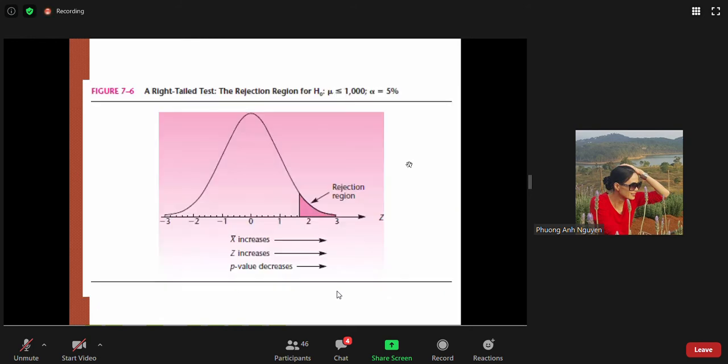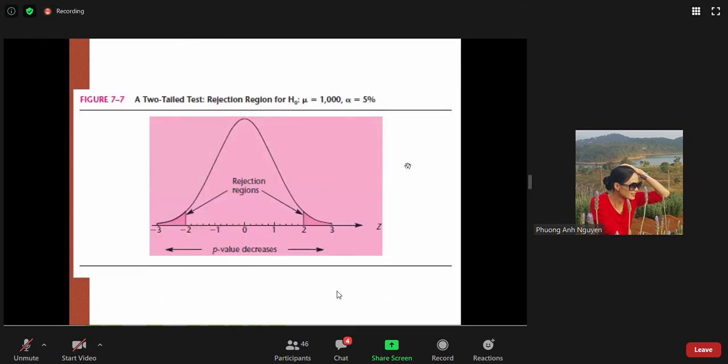Okay, you can see better here. Two-tail test: the test is in the rejection region when, after calculating X bar, X bar is far away from the value we want to test. For example, we want to test if mu is equal to 1000, but X bar you get is 2000, or 10,000.